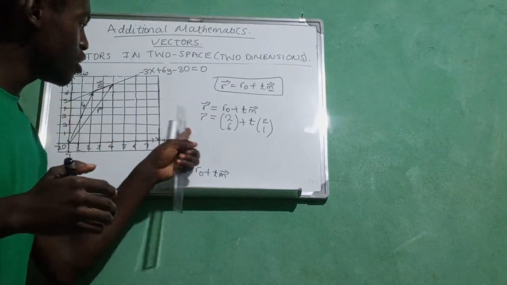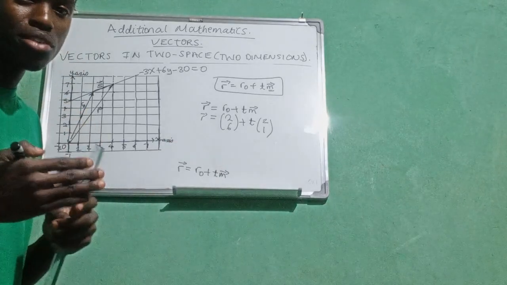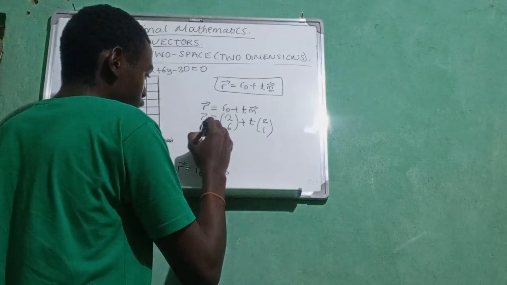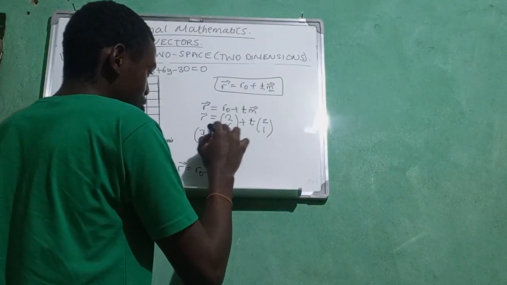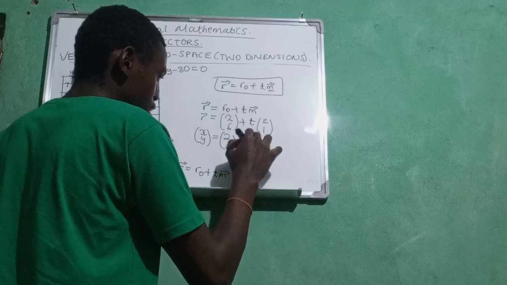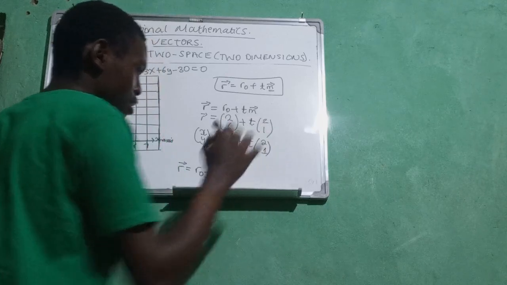We need to write it like this: x, y is equal to 2, 6 plus the parameter t, 2, 1.